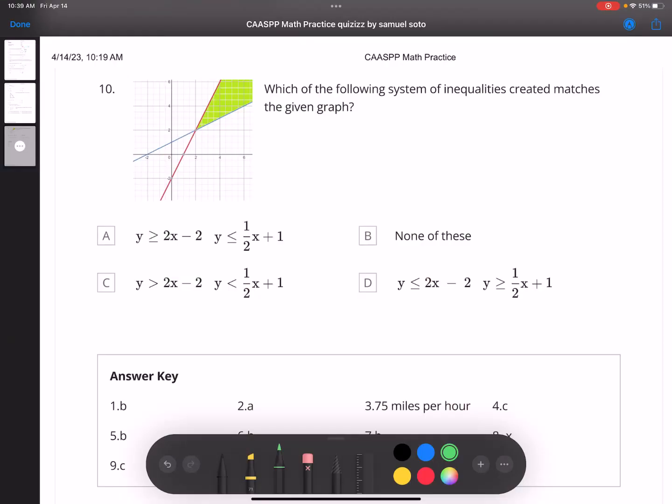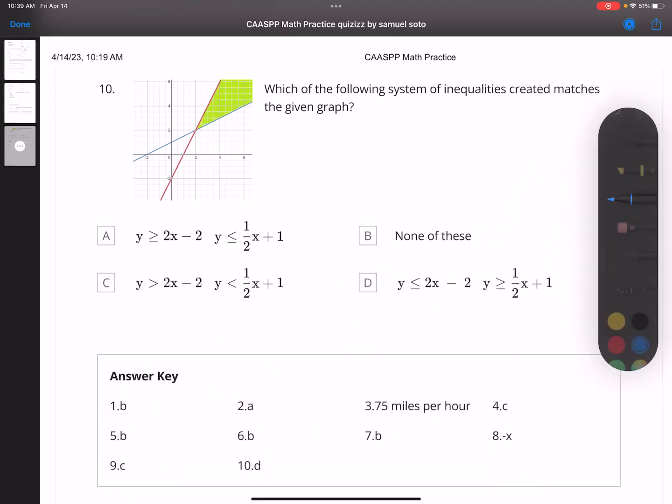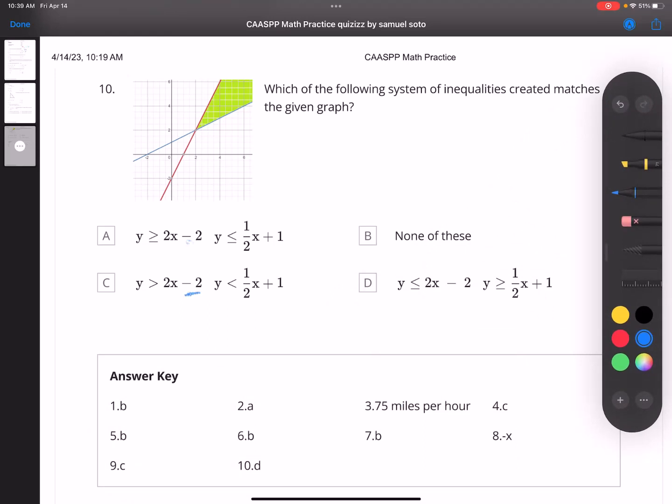Question number 10, which of the following system of inequalities matches the given graph? Okay, so I have a graph that has a y-intercept of -2. Oh, that's the red one. Let's do red.